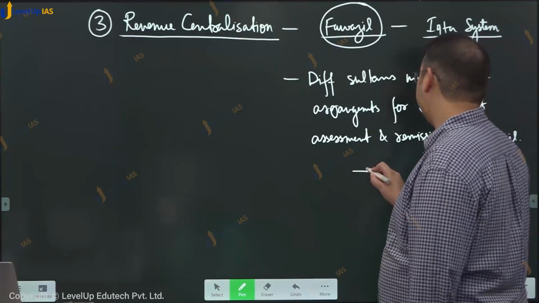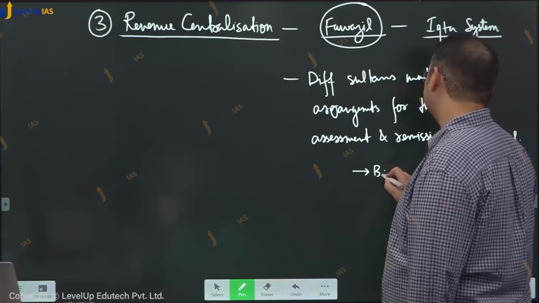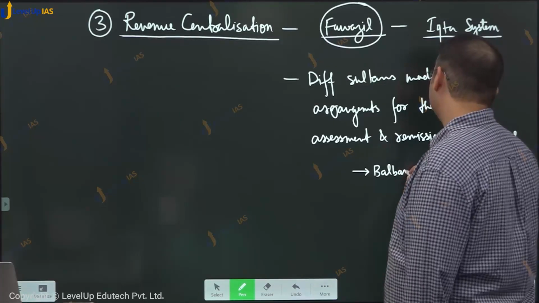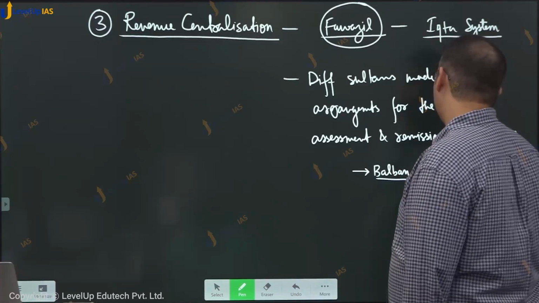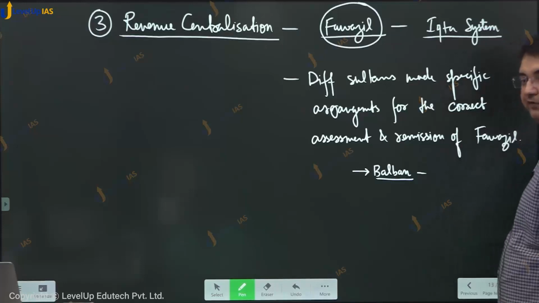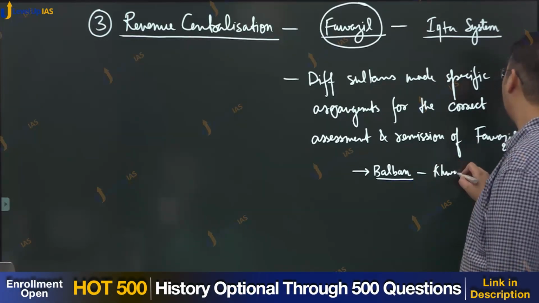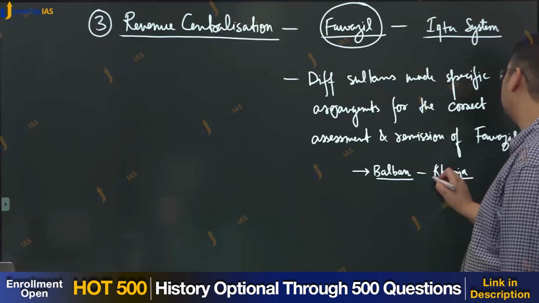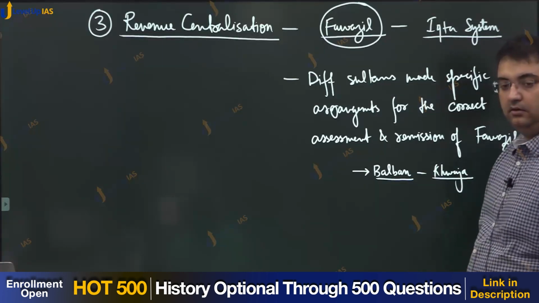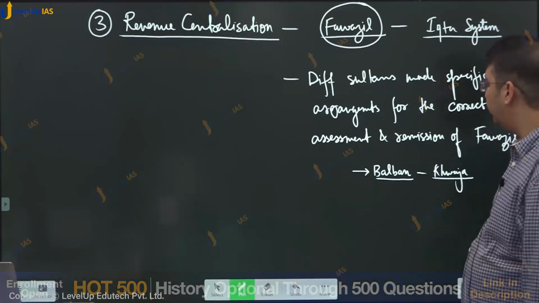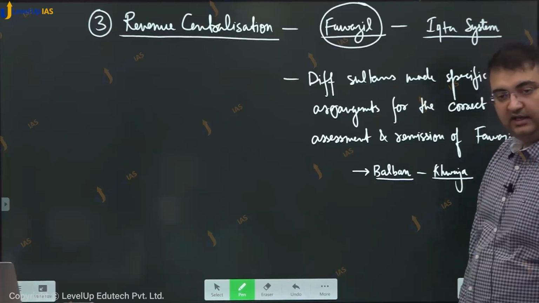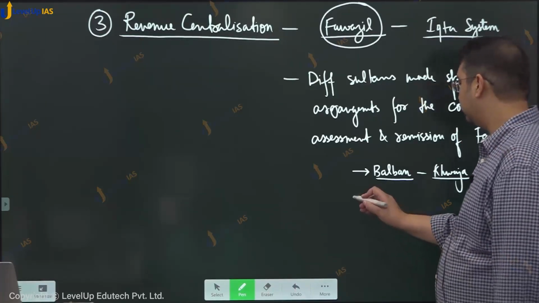For example, Balban introduced a new official at the provinces known as Khwaja to scrutinize the revenue records in each province.